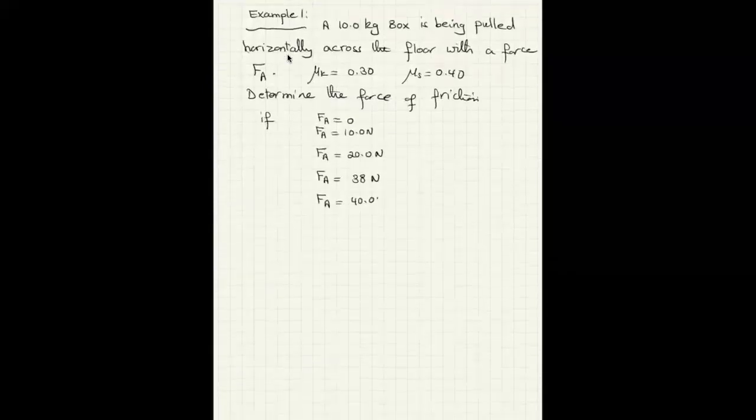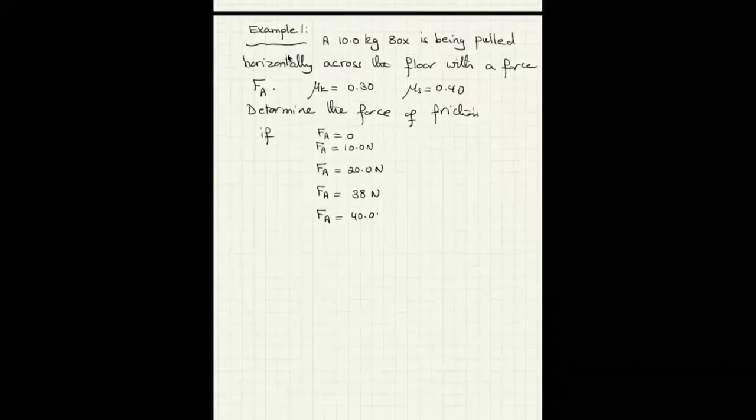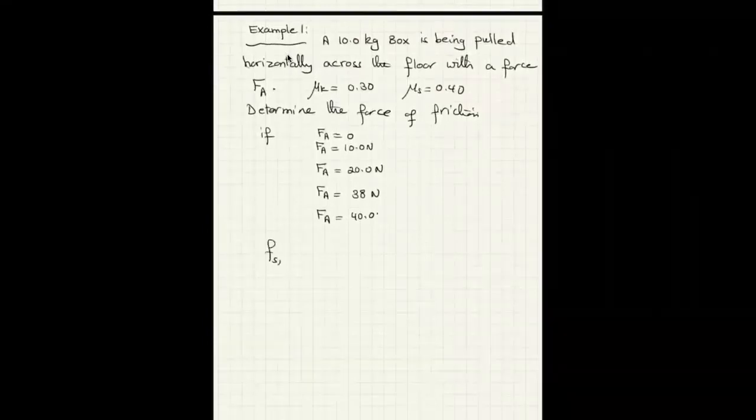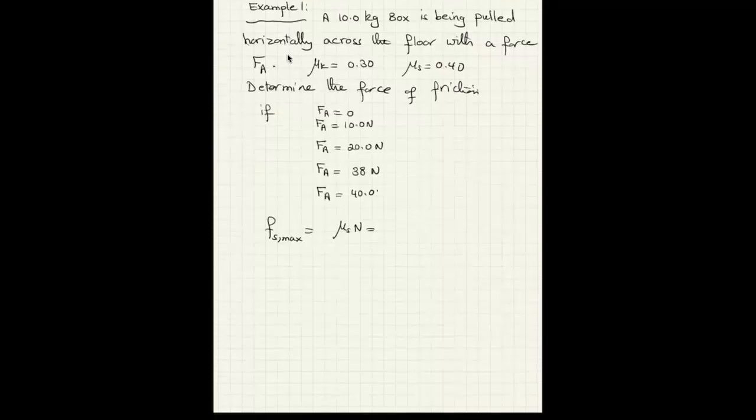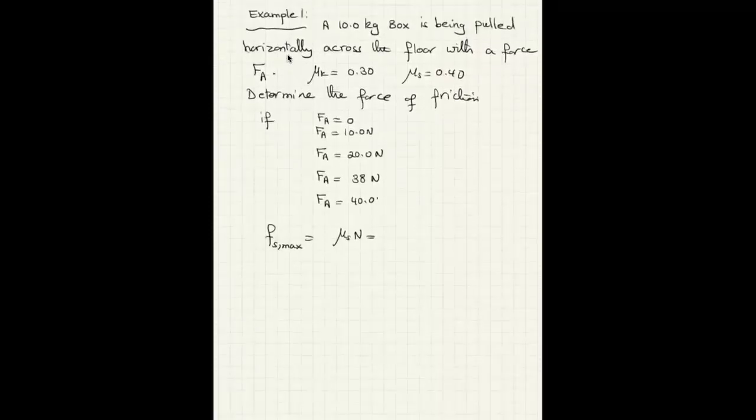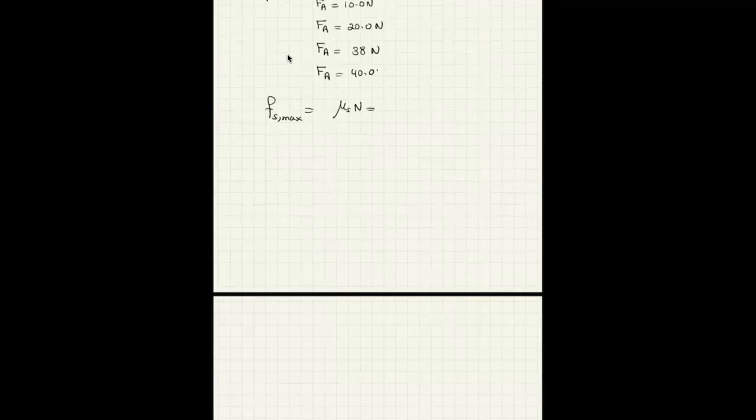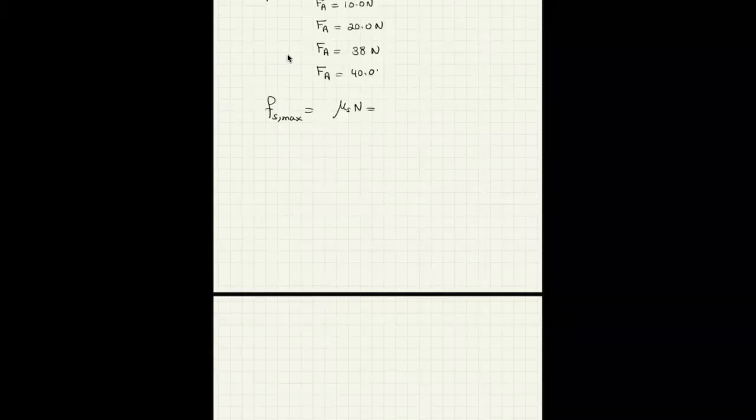Now, I will say here, okay, the Fs maximum, the maximum value for static friction, it is mu s times the normal, okay? And in this case, I need to determine what is the normal. Now the steps, as I mentioned again, this is the rubric that I'm gonna grade. If you're gonna have a free response in your exam, this is how it should be graded.